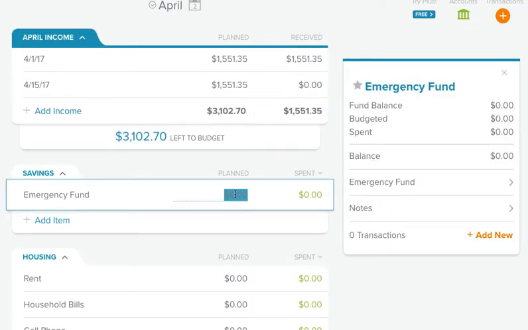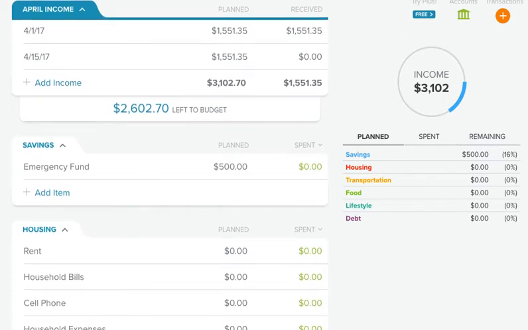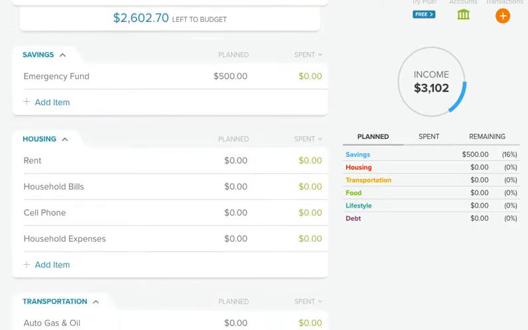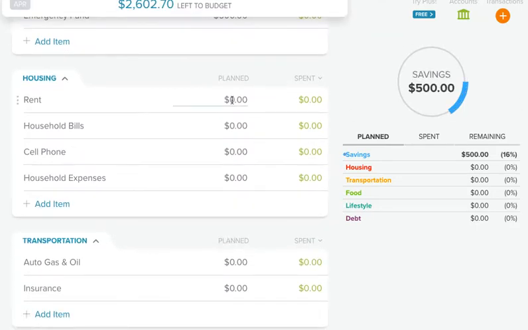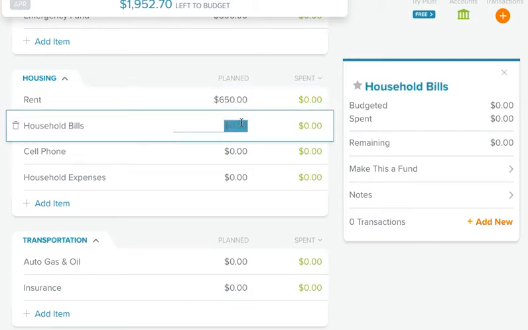So every month my goal is to save 500. I kind of consider it like a bill, so that every month I know that's how much I have to set aside. So that's that. This one would be 650. So like I said, household bills includes cable, electricity, gas, all those things.